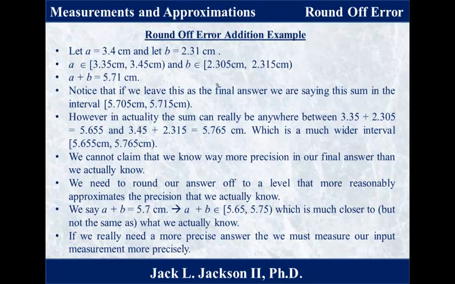But what we're going to do in this class is use a simplified rule where we add it together, get the 5.71 centimeters, and then we determine that, in this case, the least precise of the two measurements goes to the tenth of a centimeter, and so when you're adding, you go with the least precise measurement, so we round our answer to the tenth of a centimeter. Notice that the interval that implies is really still not exactly right, but it's much closer than if we tried to say 5.71 centimeters.